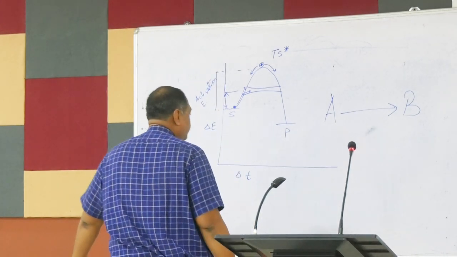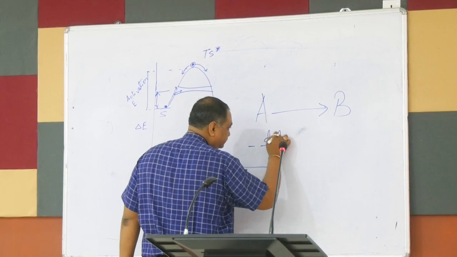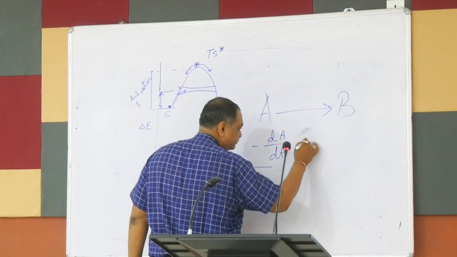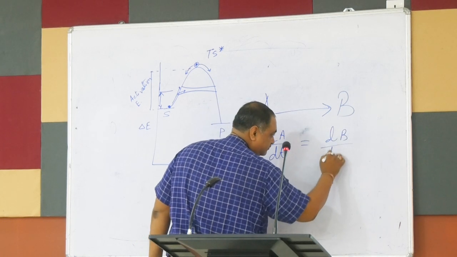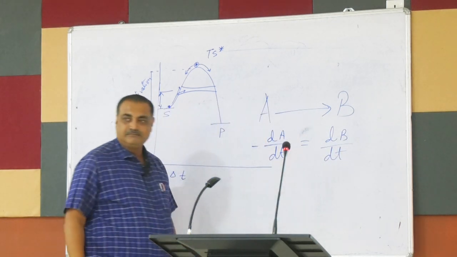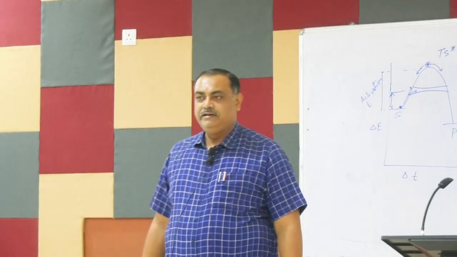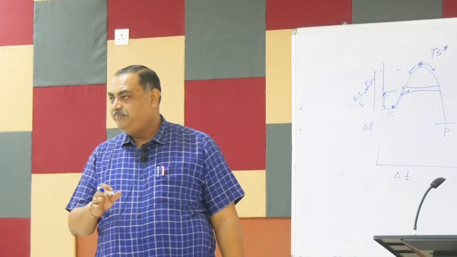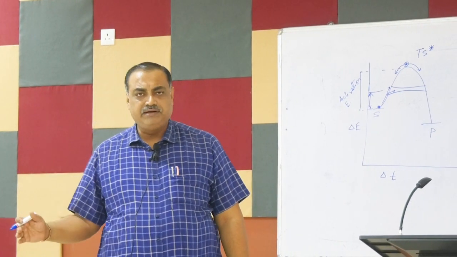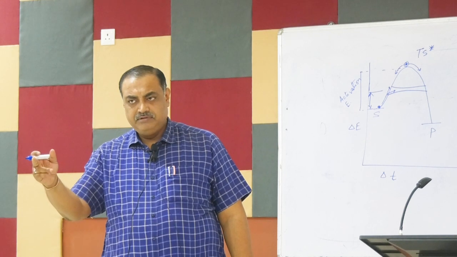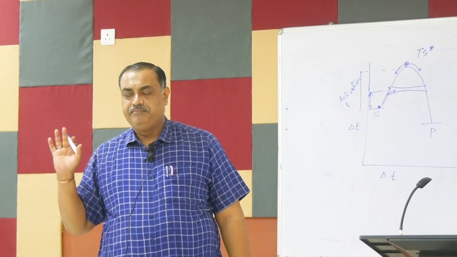then can I write it the other way? So both ways it can be defined: the rate of disappearance or utilization of substrate per unit time, and the rate of formation of product per unit time.